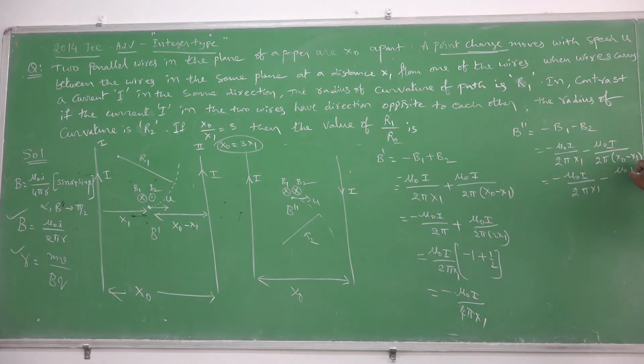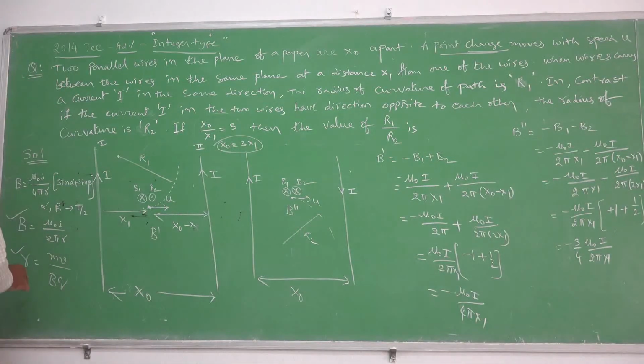So mu naught I by 2 pi into 2x1. Taking minus mu naught I by 2 pi x1 common, we get minus 1 minus 1 by 2, so it becomes minus 3 by 2. So minus 3 by 4 mu naught I by 2 pi x1.